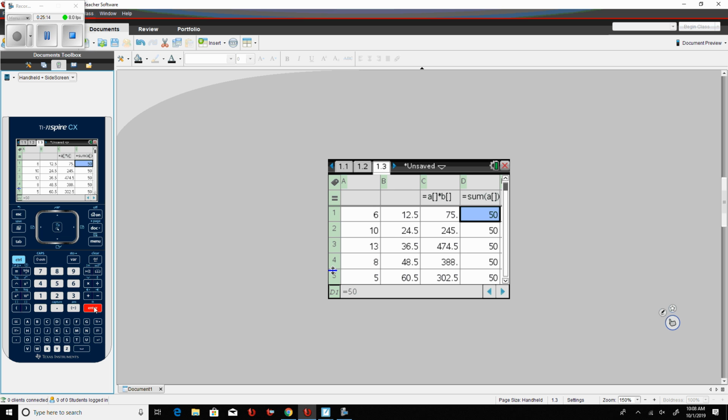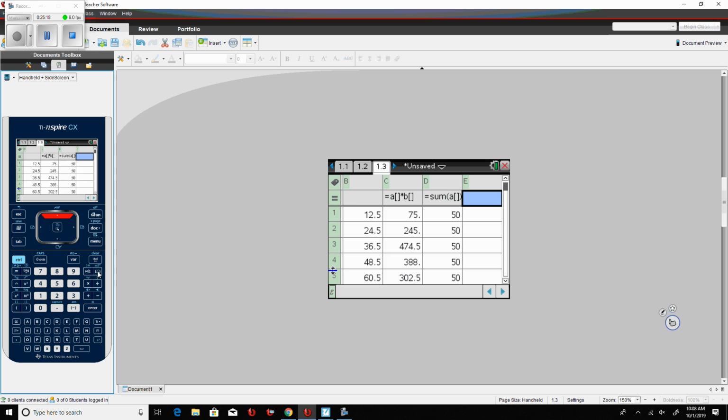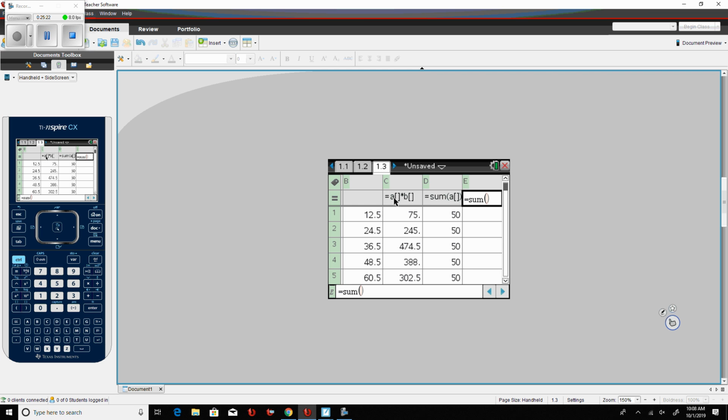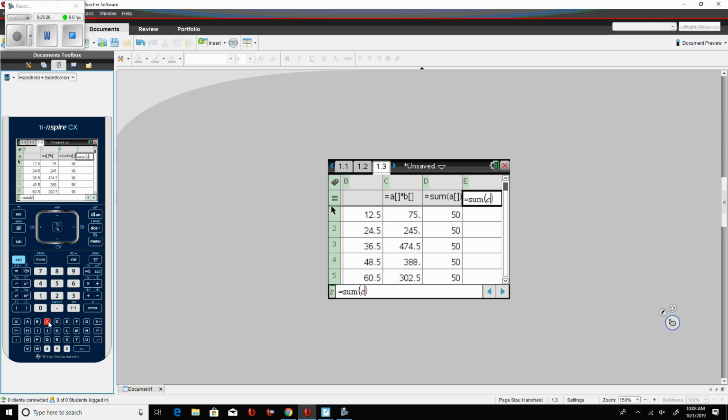That means there's 50 pieces of data. Okay, then I'm going to catalog again, the sum is there, enter. Now, I need A times B, which is in column C. Okay, sum of C, enter, 2089. Okay, so those are the sums you need, 2089 and 50.